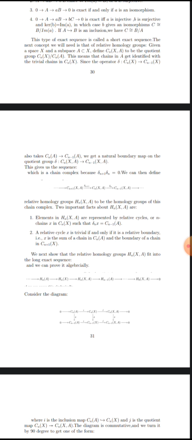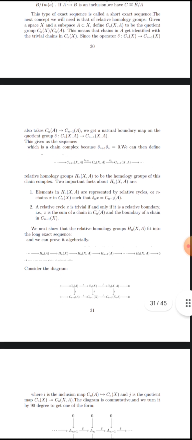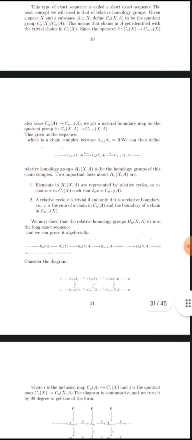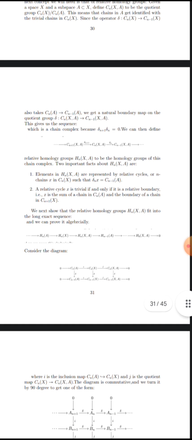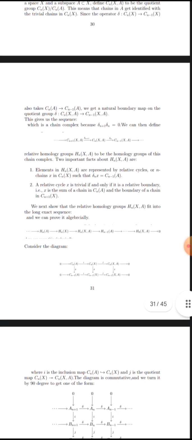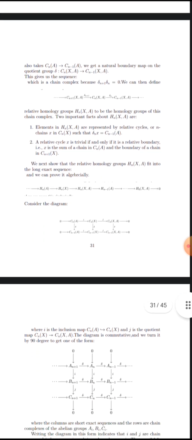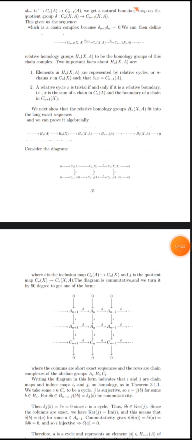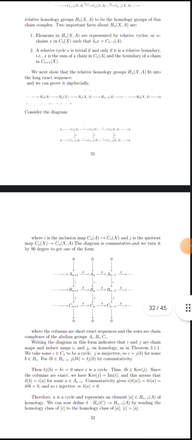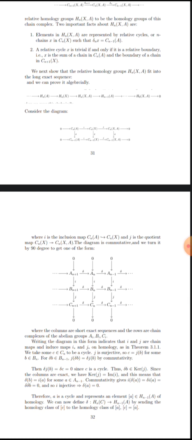The relative homological groups Hn of X, A fit into a long exact sequence constructed from this diagram. In this diagram, I is an inclusion map, Cn of A a subset of Cn of X, and J is a quotient map from Cn of X to Cn of X, A. The diagram is commutative.